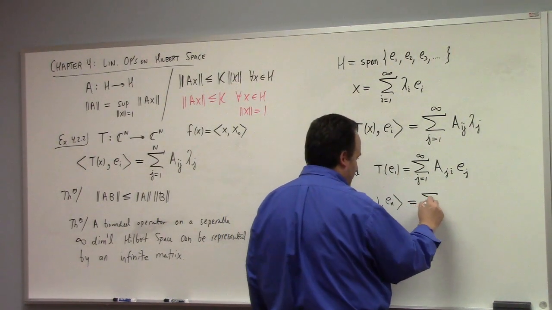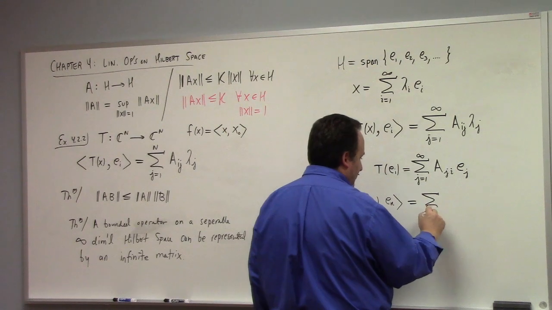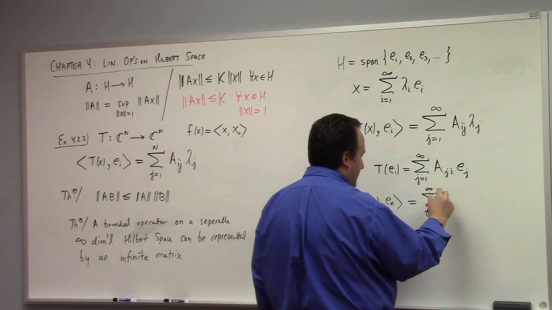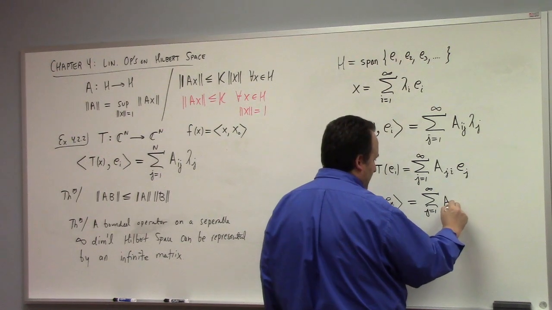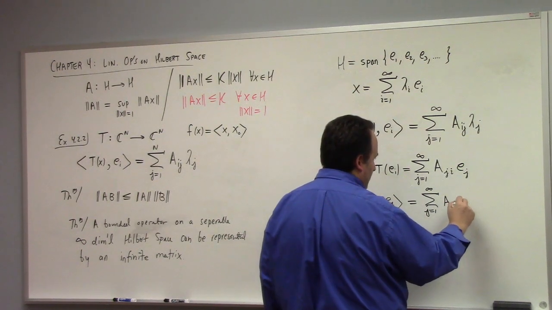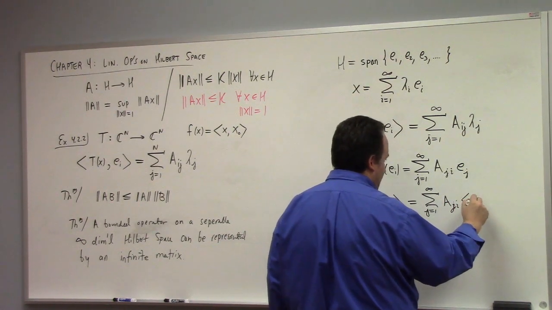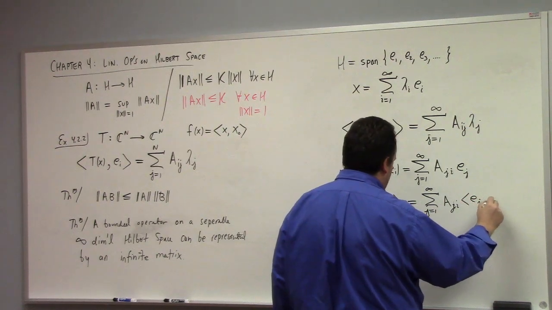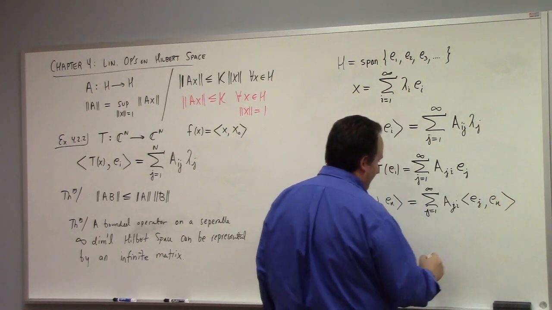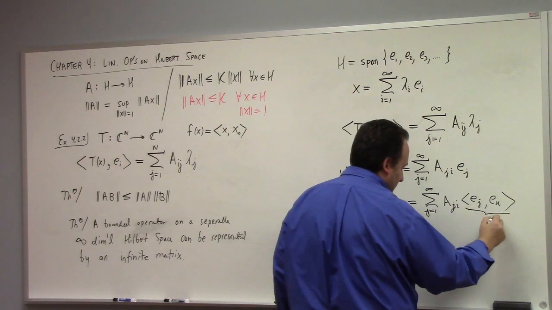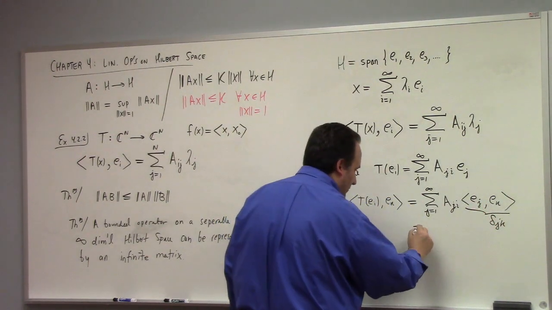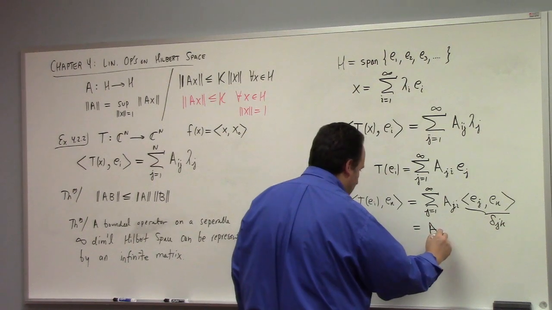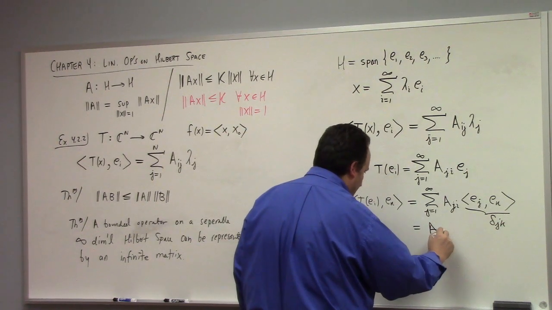This is really a nice place to be in, because while it's infinite dimensional, it resembles so much the finite dimensional context. And of course that is Kronecker delta j k. That's what we meant by orthonormal system. And so out pops just a k i.